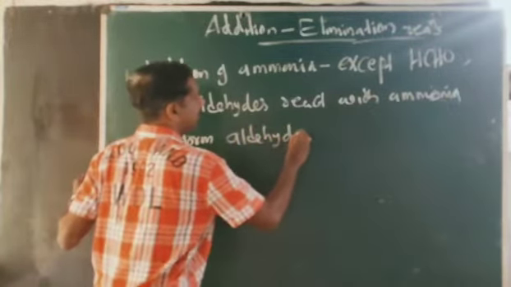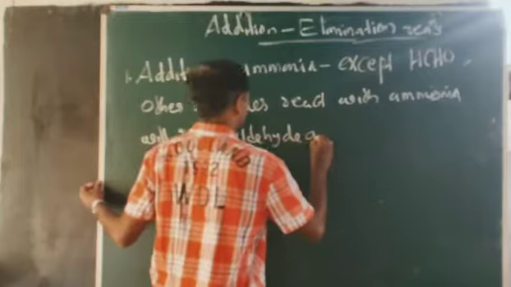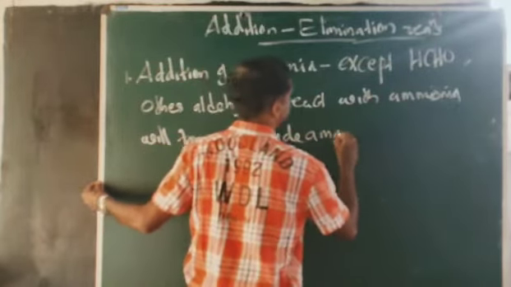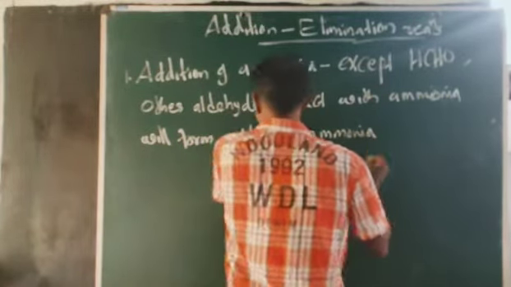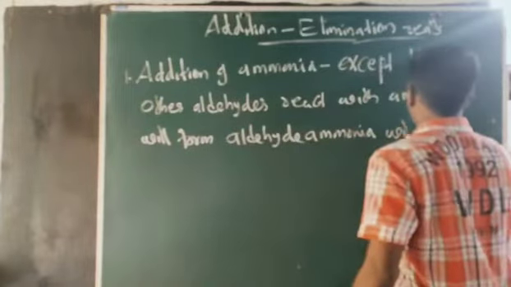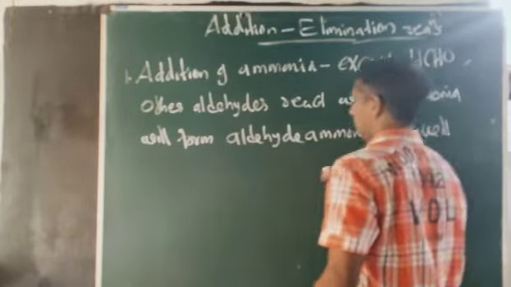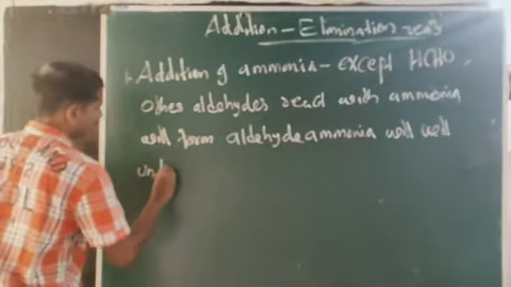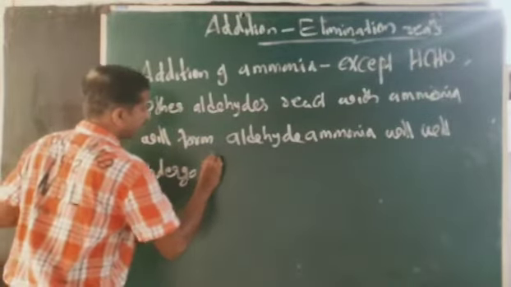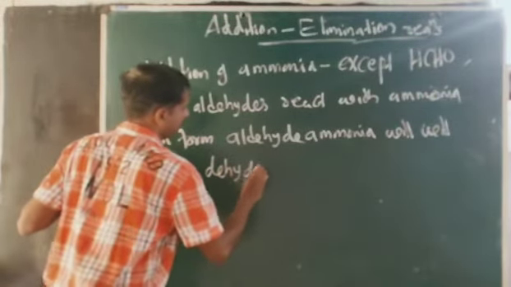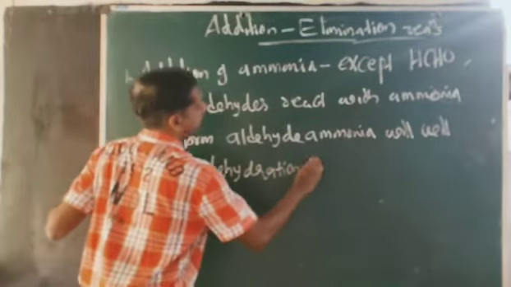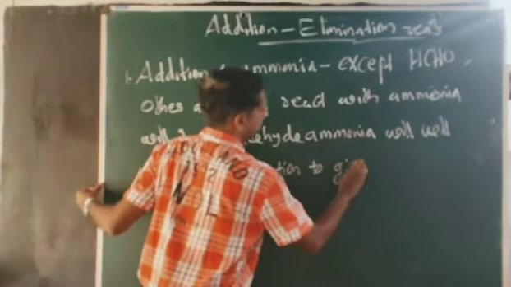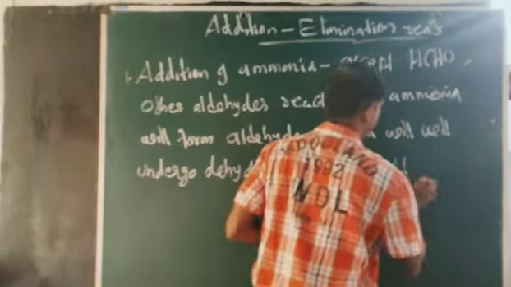First you will form aldehyde ammonia, which will undergo dehydration to give aldimines.